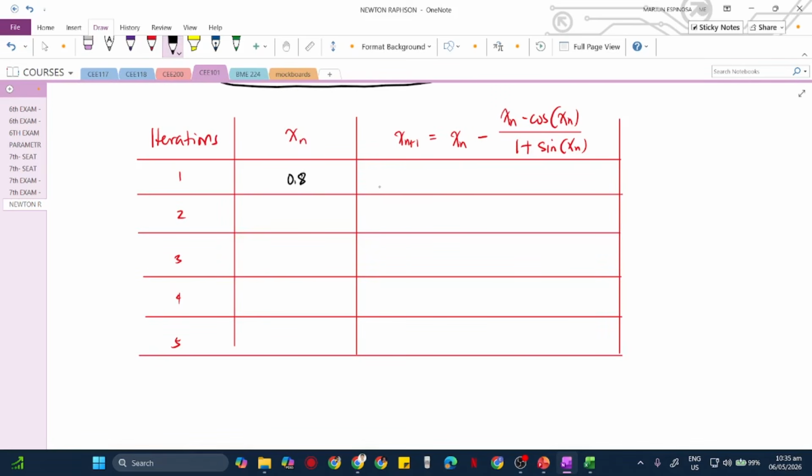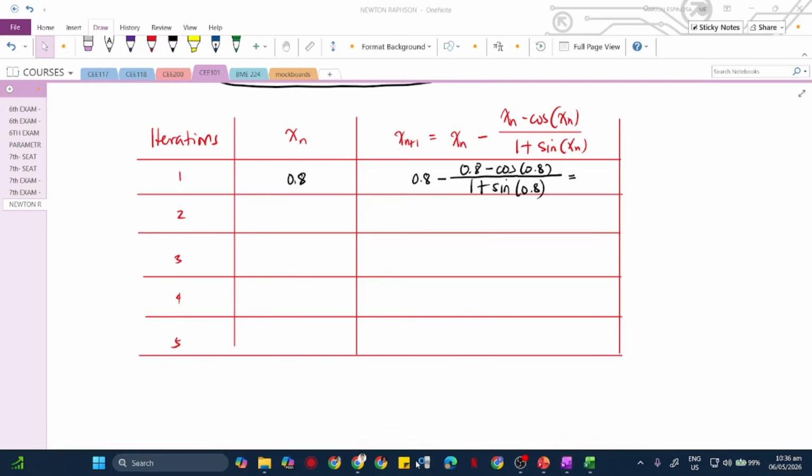And then, kukunin natin yung x sub n plus 1. Anong gagamitin natin? So, for x sub n plus 1, basically, i-evaluate natin yung 0.8 minus cosine of 0.8 all over 1 plus sine of 0.8. So, evaluate natin to class. So, anong sagot nito?